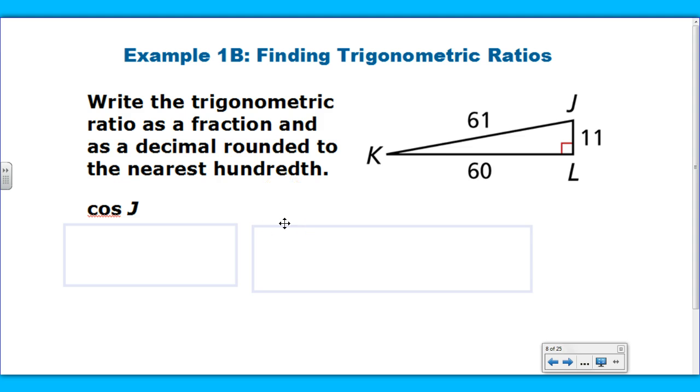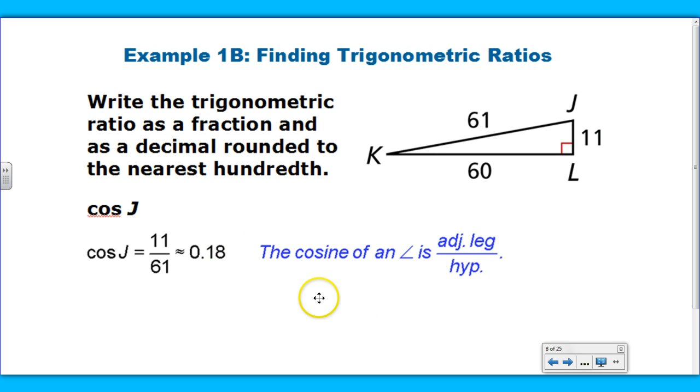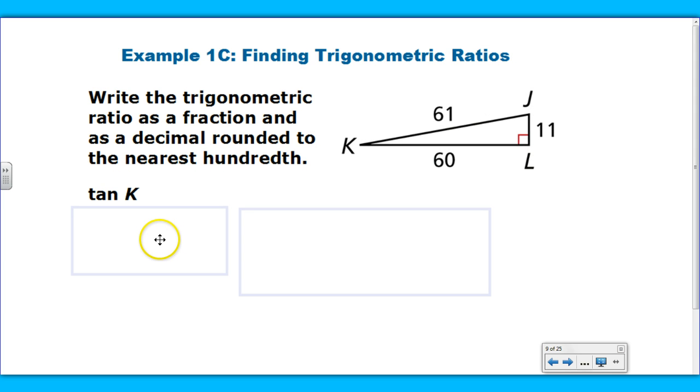So let's find the cosine of J. Cosine, CAH. J, adjacent over hypotenuse, right? Cosine of J is 11 over 61, and we do the division, rounded to the hundredths, is 18 hundredths. Again, cosine is adjacent over hypotenuse.